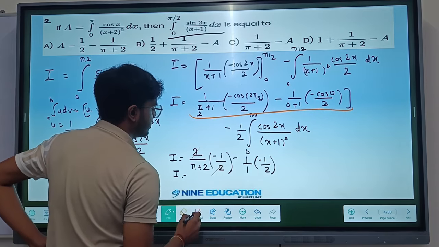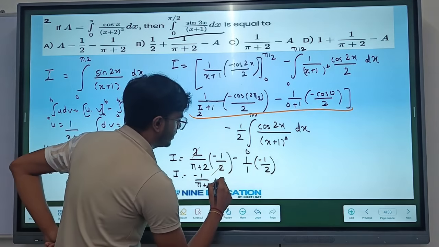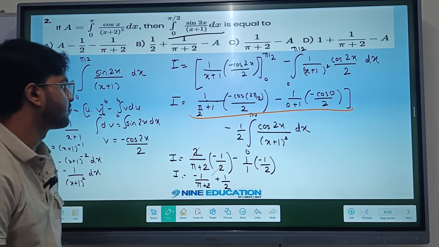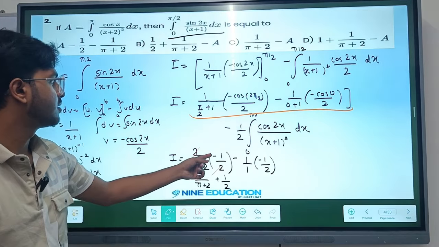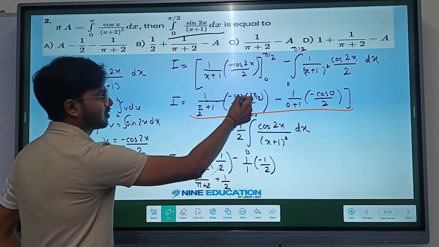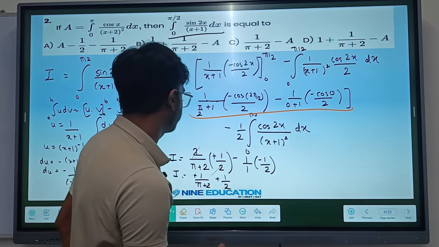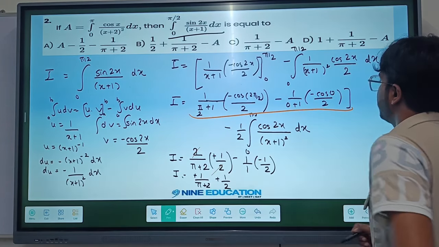So this part would be minus 1 by (pi plus 2), minus minus plus 1 by 2. Minus 1, okay, there is a minus also here, so it should be plus 1. Cos of pi is minus 1, so it should be plus 1. So 1 by (pi plus 2) plus 1 by 2.